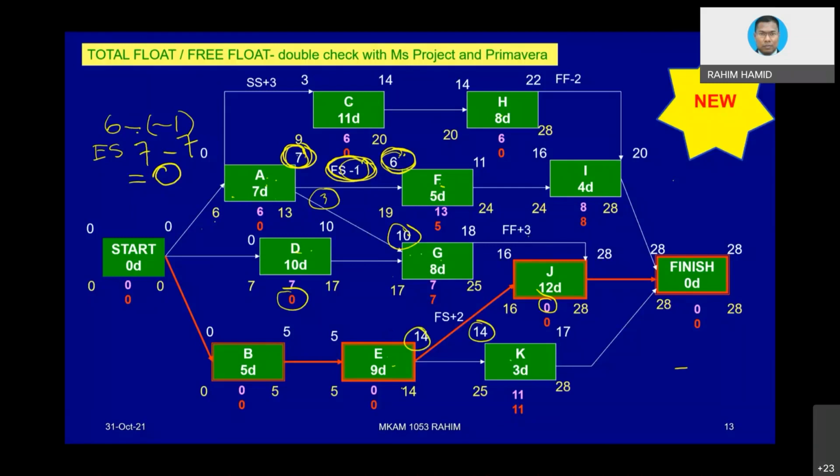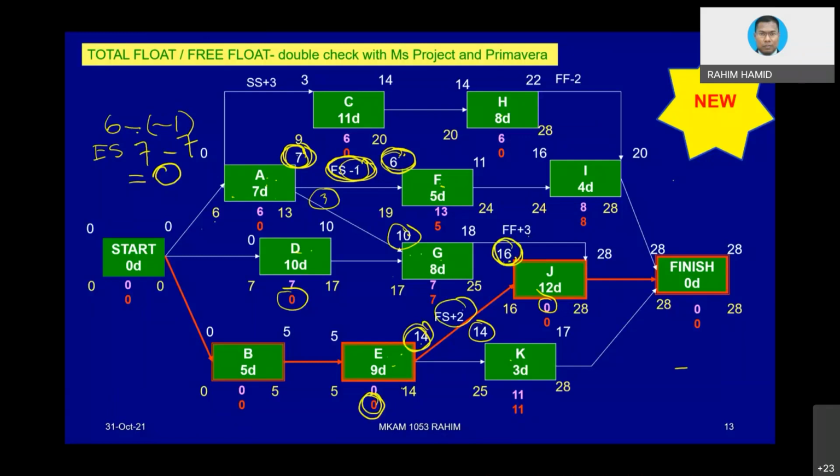So 0 is the ultimate free float. Even though, let's take a look at E to J. It looks as if it has a free float, but you see this 16, you have to deduct 2. 16 deduct 2 is already 14. 14 minus 14 is also 0.